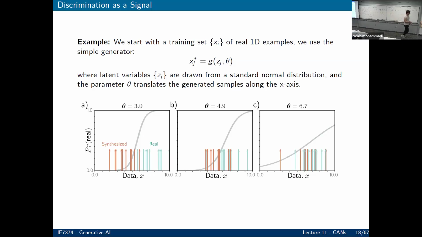Then in the next iteration, the generator updates its parameters and generates new data. Now the generated data becomes a bit more similar to the real data, and the discriminator still has some capability of separating them.